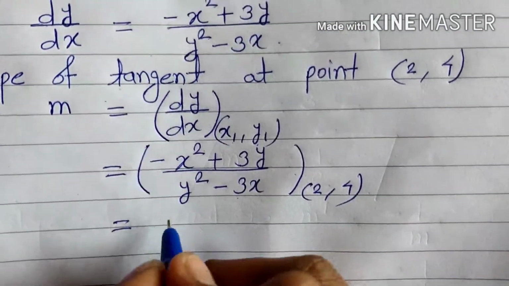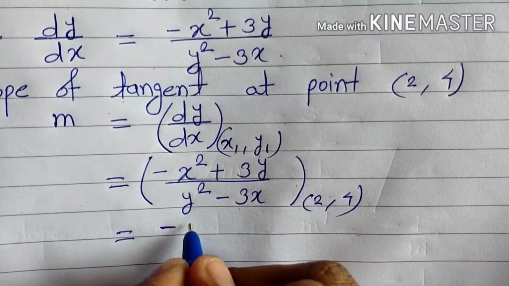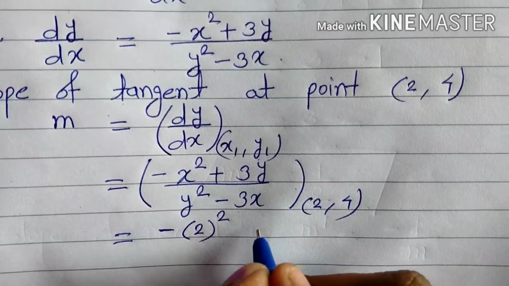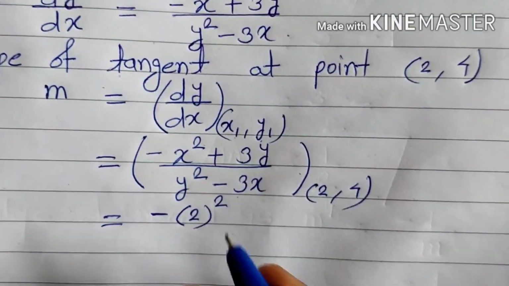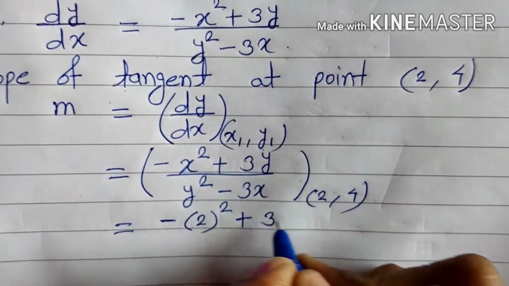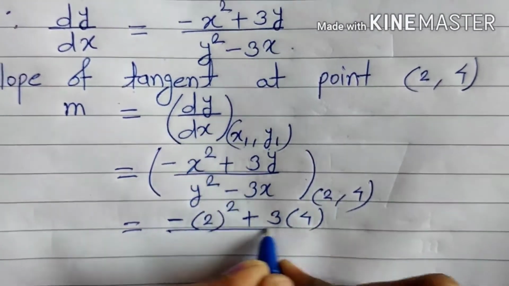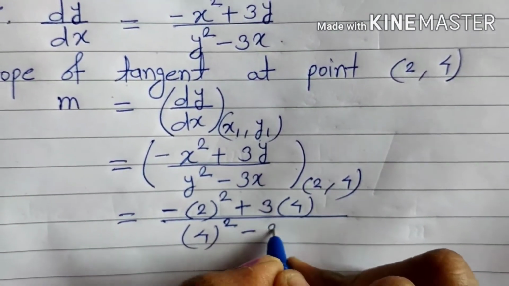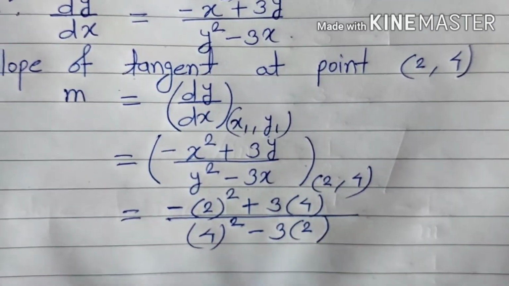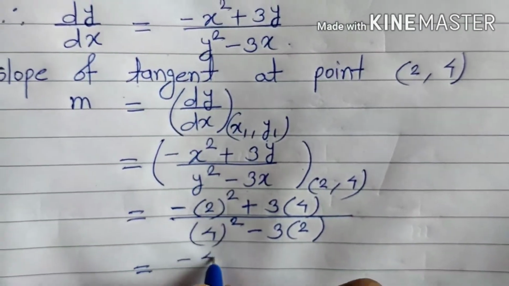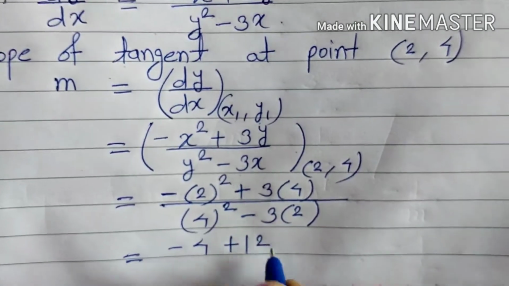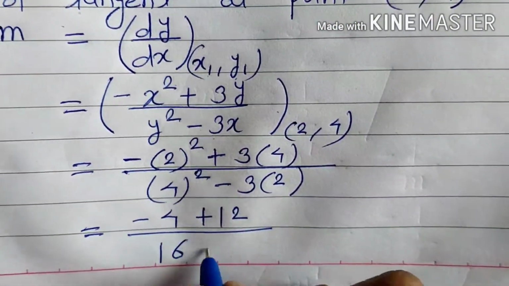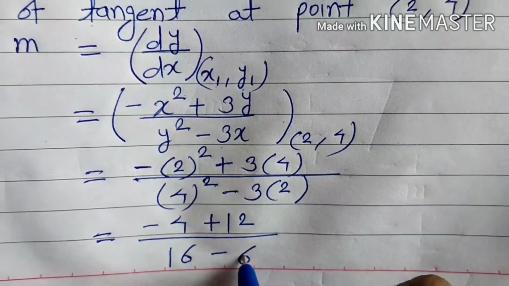So we get minus (2 square plus 3 into 4) upon (4 square minus 3 into 2), that is minus (4 plus 12) upon (16 minus 6).